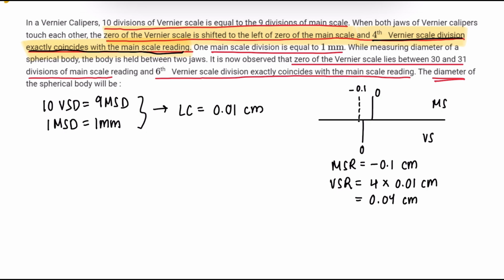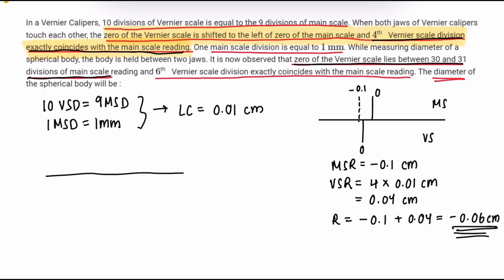And when you're finding the final reading, which is the sum of the MSR and VSR, we get negative 0.1 plus 0.04, which is negative 0.06 centimeters. So this is the initial reading. And that is our error in this case. Now, they told us, after we put the object between the two jaws, that the zero of the vernier scale lies between 30 and 31 divisions.